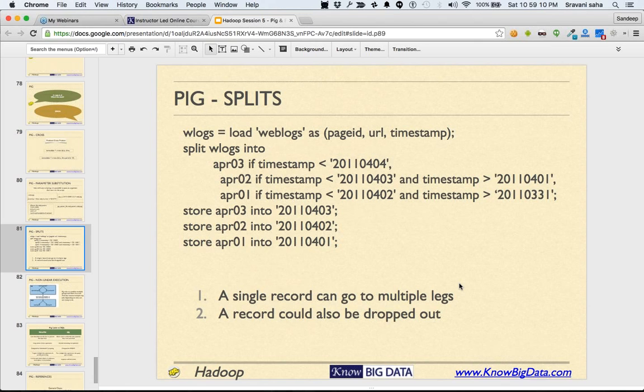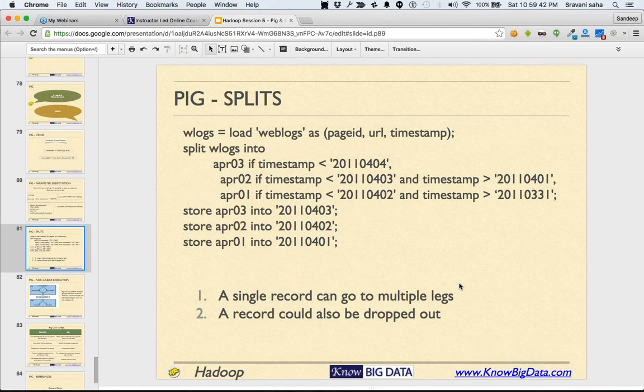Now you can notice clearly that one record could go to multiple legs. Imagine all the records of 3rd April will go to APR 03. All the records of April 2 will go to APR 02 as well as APR 03.